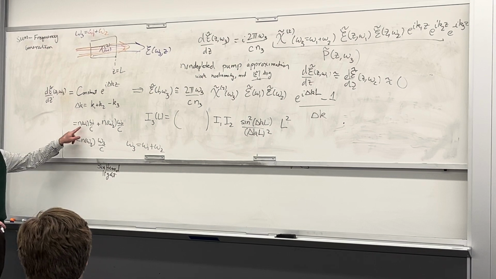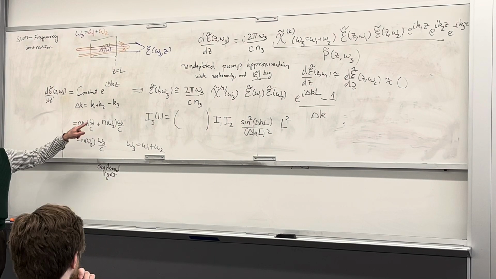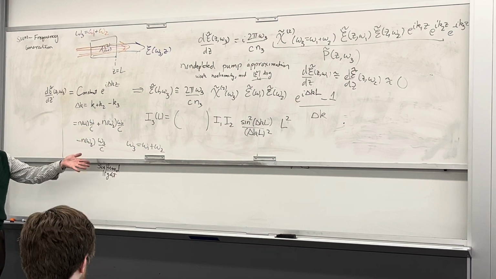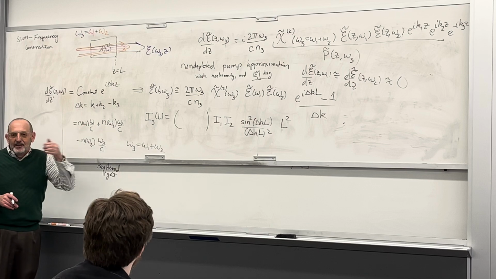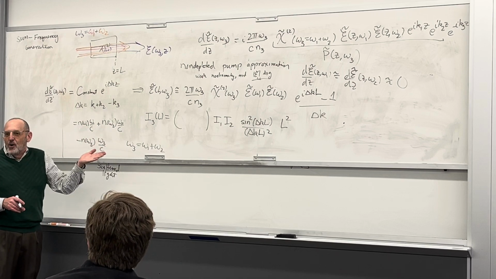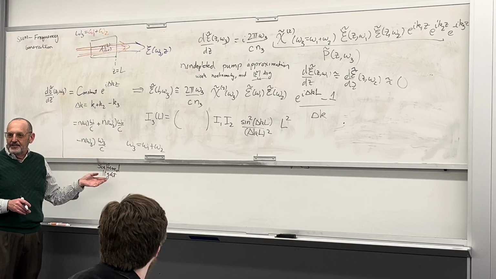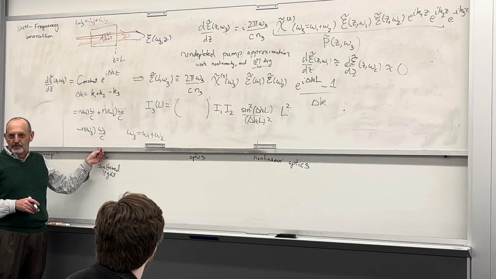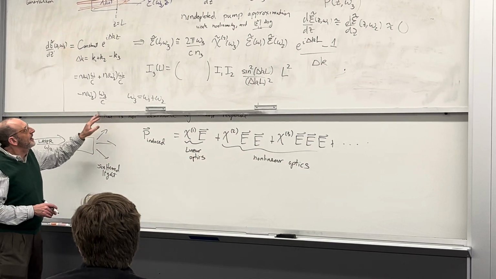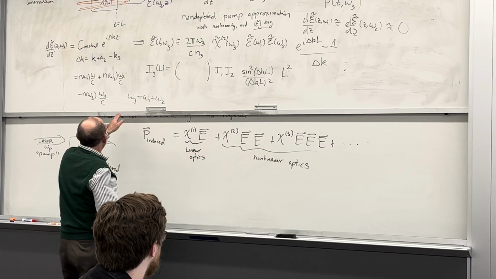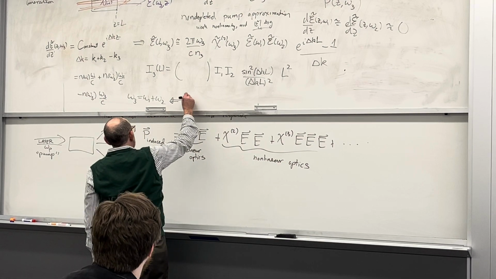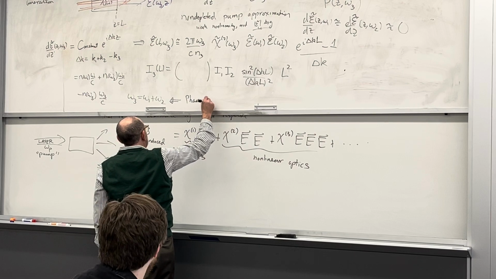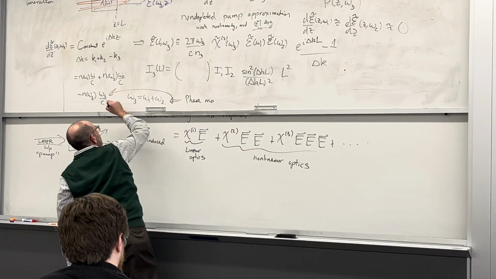The reason is that n is a function of frequency. And so generally, if I have one kind of mode, there's no way I can satisfy this, okay? And the process by which I try to choose this thing is called phase matching. That's this guy.